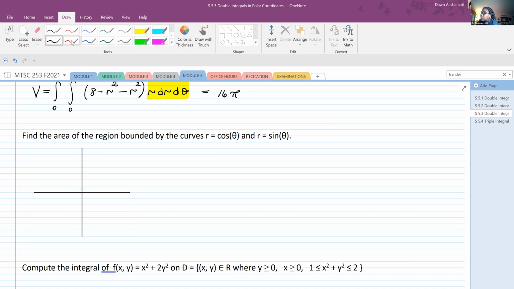One looks like this, and the other one looks like that. The region bounded by those 2 is this little piece inside here.